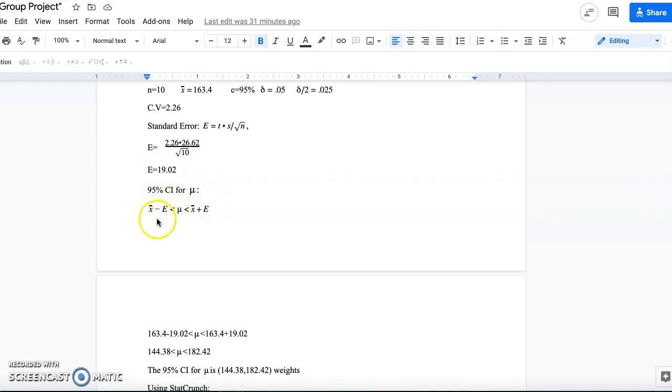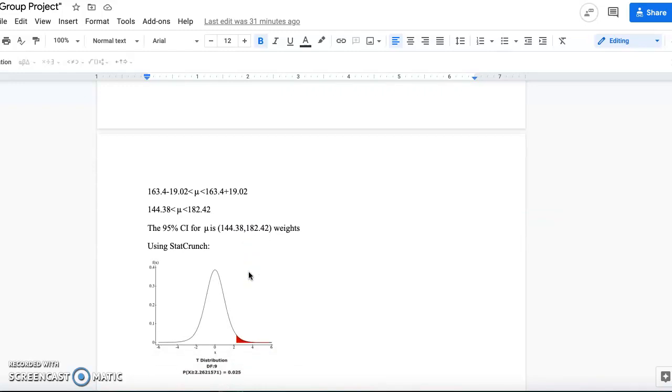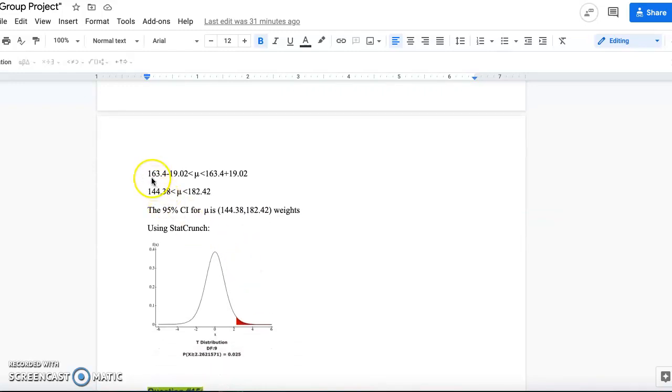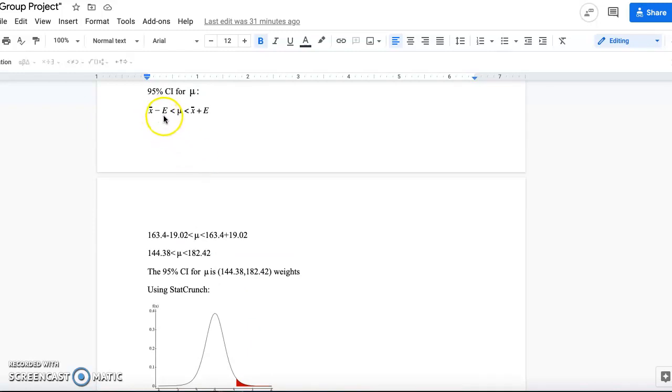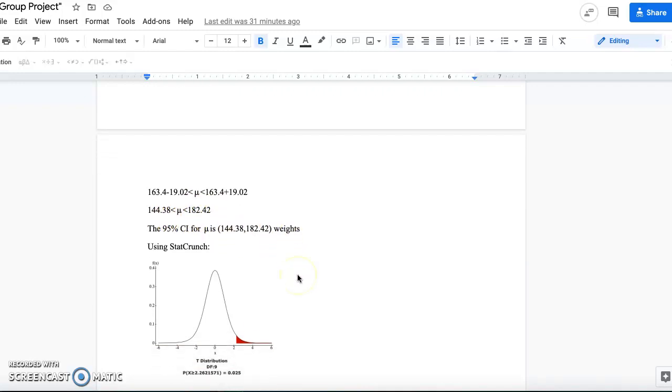And for the 95% confidence interval for mean, this is the formula for it. And this is what I got. So I just plugged in the mean and the standard error. And so I got these two values, which are 144.38 and 182.42.